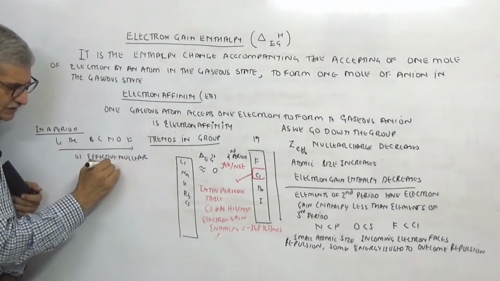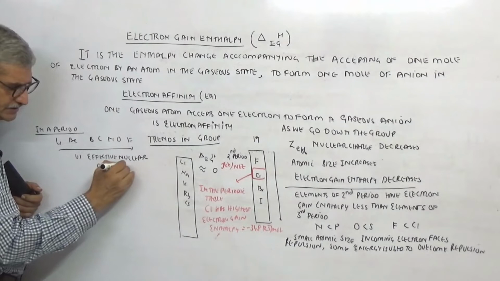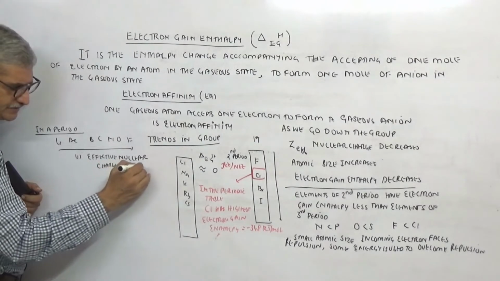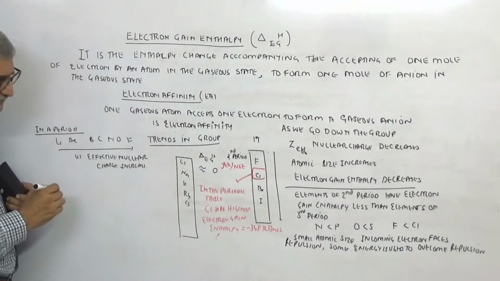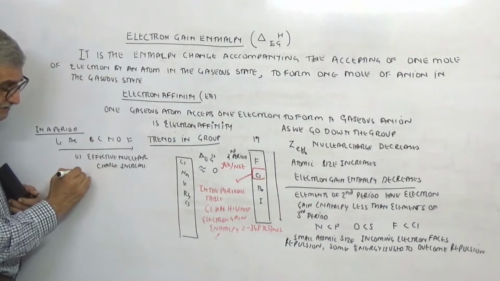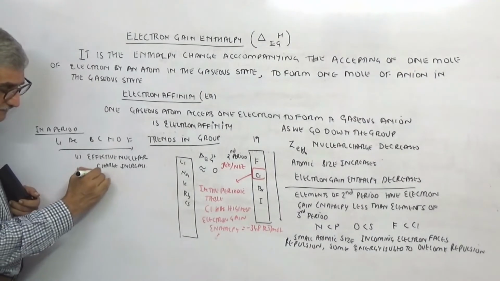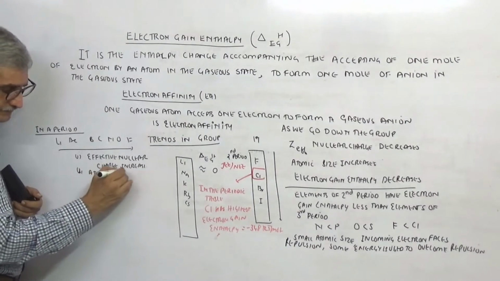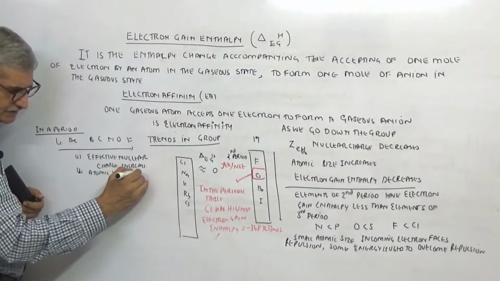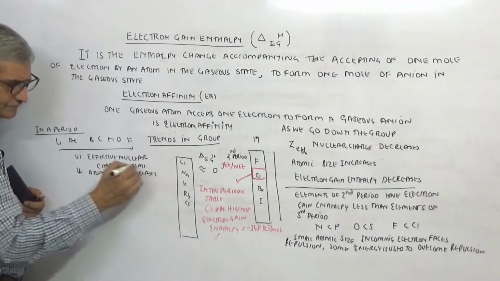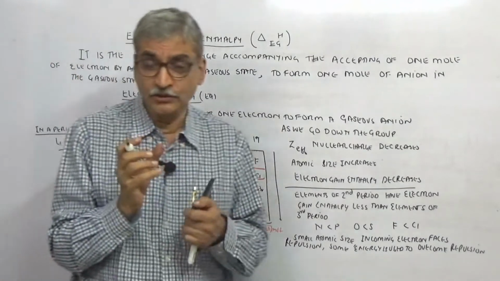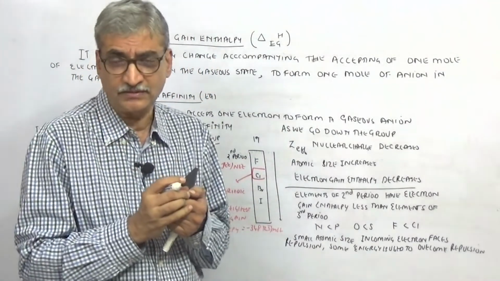Effective nuclear charge increases. Why does it increase? Because electrons are getting added in the same shell. Atomic size decreases. So one, size is decreasing, and the nucleus becomes closer to the outermost electron.